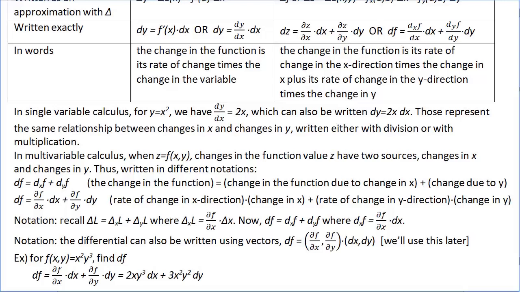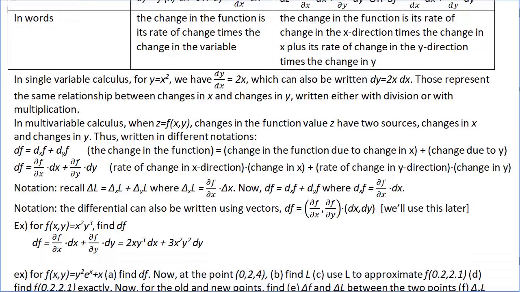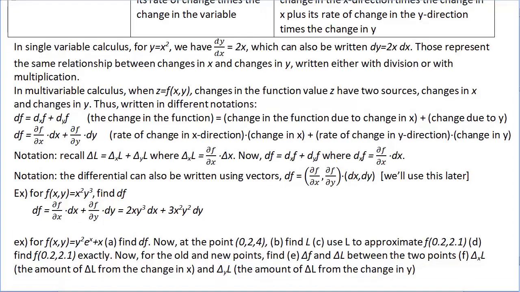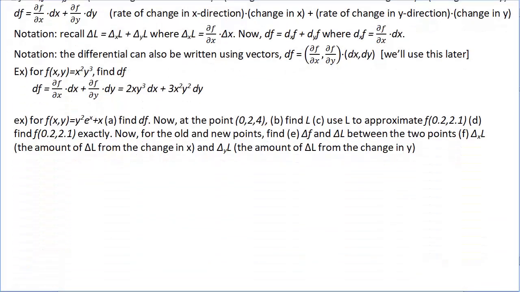But one thing I do want to go back is talk about the connection. I want to do another problem that emphasizes the connection between the approximation using deltas and this exact statement using d's. So now let's take a look at this next problem.